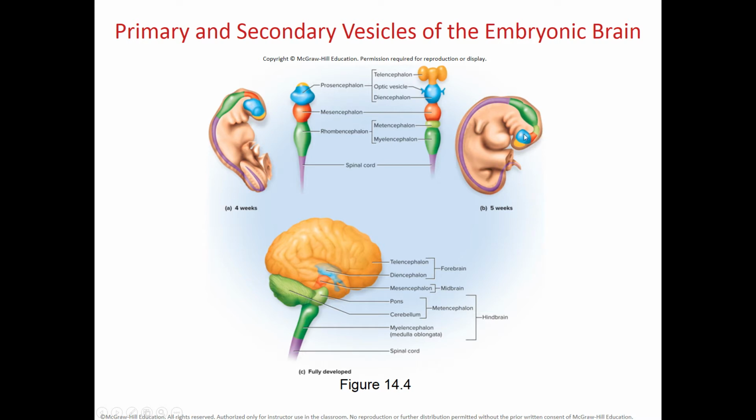And then here at 5 weeks, you can see this division better. Mesencephalon remains undivided, and then this rhombencephalon is going to divide into the metencephalon and myelencephalon. The metencephalon is going to form the pons and the cerebellum, and the myelencephalon is going to form the medulla oblongata.